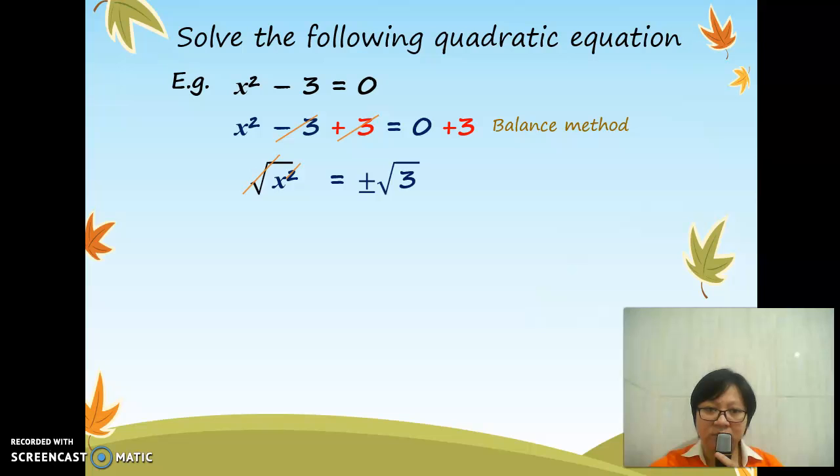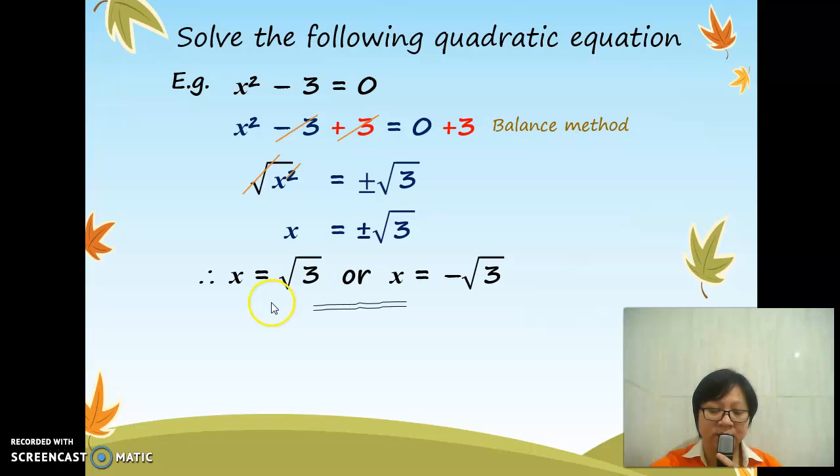And then you can cancel the square. If you cancel the square on the left side, you'll get this form like this. And then we can separate the solution. So the solution is x equals the square root of 3, or x is equal to negative square root of 3.